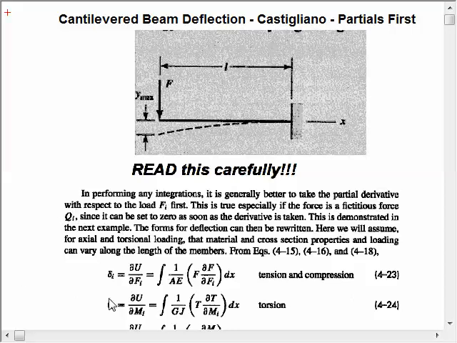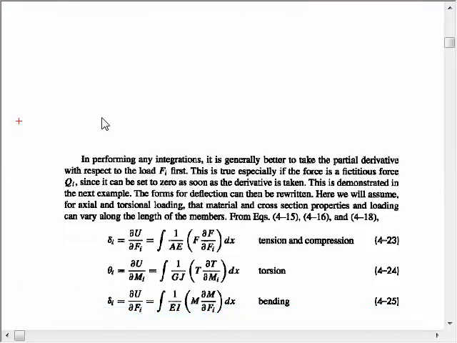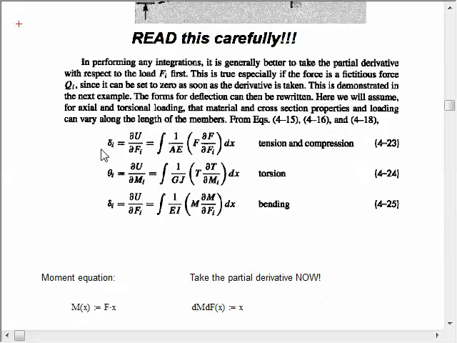That's all fine. Now here are the definitions of not energies, but deflections. So the partial of energy with respect to F is our integral, but this used to be, I'm sorry, I'm talking about tension compression load. I want to go to bending. Okay, the energy was 1 over EI m squared dx, and there was a 2 involved as well.